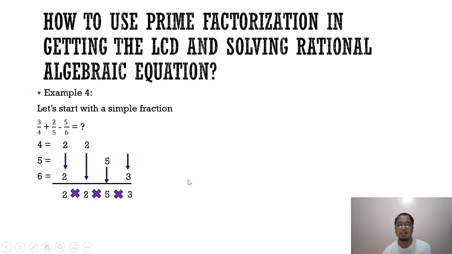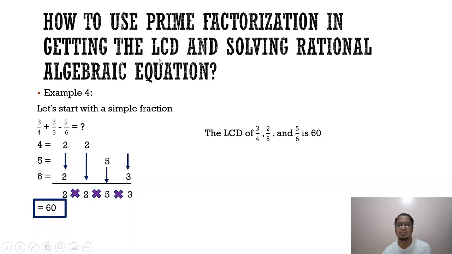Sa pamamagitan niyan, makukuha mo na yung LCD niya. And that will be 60. 2 times 2 is 4, times 5 is 20, times 3, 60. The LCD of this given is actually 60.